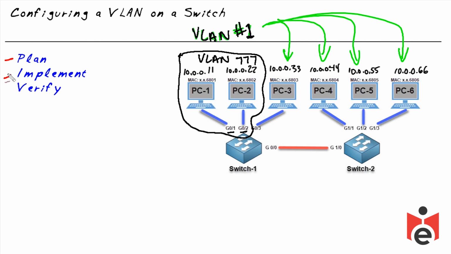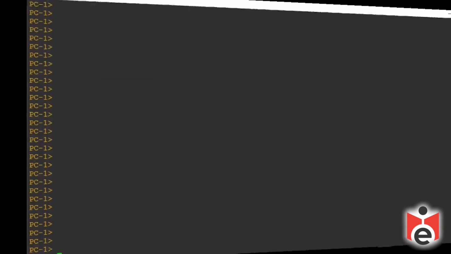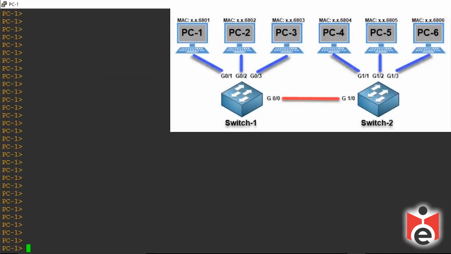And for the demonstration, we're going to go ahead and walk through implementing this on a Cisco switch. Currently, all 6 PCs are in VLAN 1, and let's verify basic connectivity before we start making some changes. So here on PC1, let's go ahead and ping out to PC2, PC3, PC4, PC5, and PC6 just to verify that we have connectivity and that the network is currently functioning.